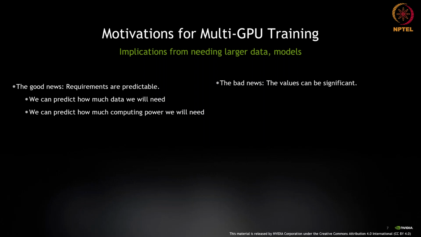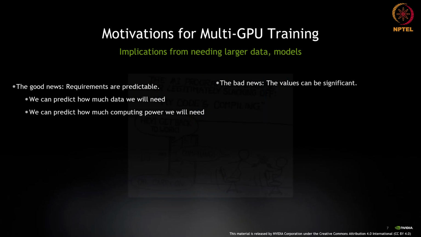There are different relationships or papers which define the amount of data that is required. The bad news is obviously that because of the nature of this relationship, for a lot of problems, the data volumes can be very, very high. So we are talking about this relationship and the amount of time which it will also take.